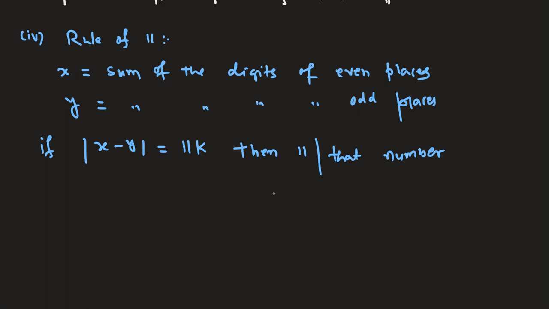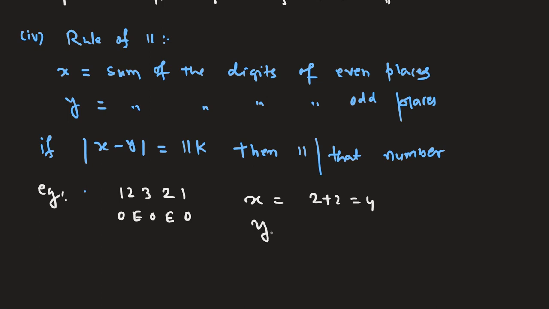So take one example to try to understand this rule. Example 12321. So this is odd place, even place, odd place, even place, odd place. So x is equal to the sum of the digits of even places, 2 plus 2, that is 4, and y is equal to the sum of the digits of odd places, 1 plus 3 plus 1.